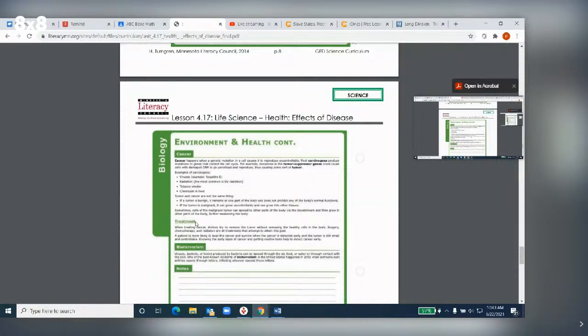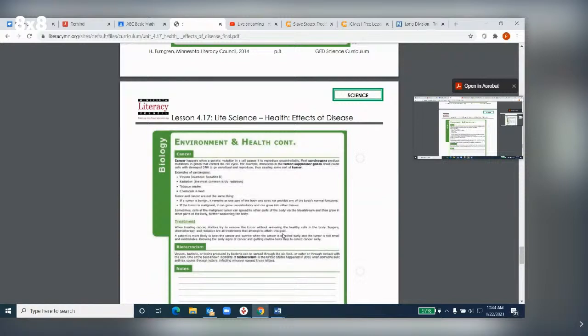Okay. So then it says when treating cancer, doctors try to remove the tumor without removing the healthy cells in the body. Surgery, chemotherapy, and radiation are all the treatments that attempt to attain this goal. So if you have cancerous cells that are malignant, the first thing they would do is go in and try to remove those cells, and then they would maybe try chemotherapy, which tries to kill the bad cells, and also radiation.